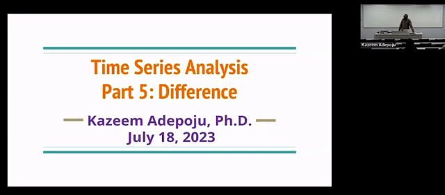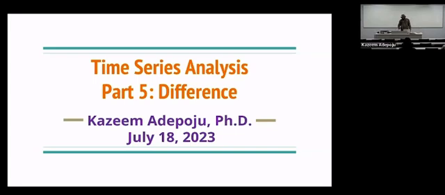Does that make sense? Before now I walked you through what the assumptions are: we expect the mean and the variance to be constant over time, and not only that, we expect the autocorrelation at a particular lag, at lag 1 to be the same, at lag 2 to be the same, and so on.